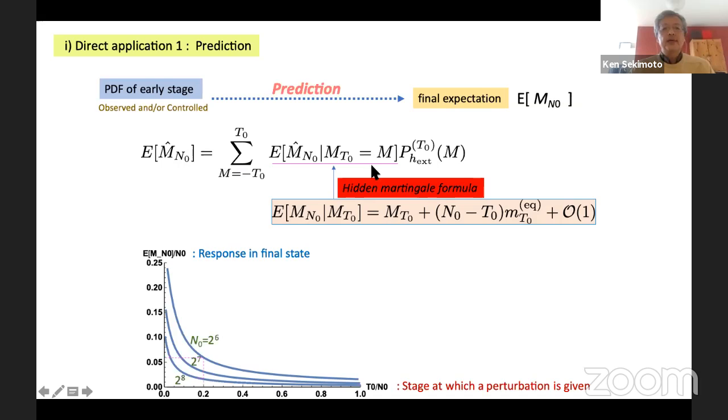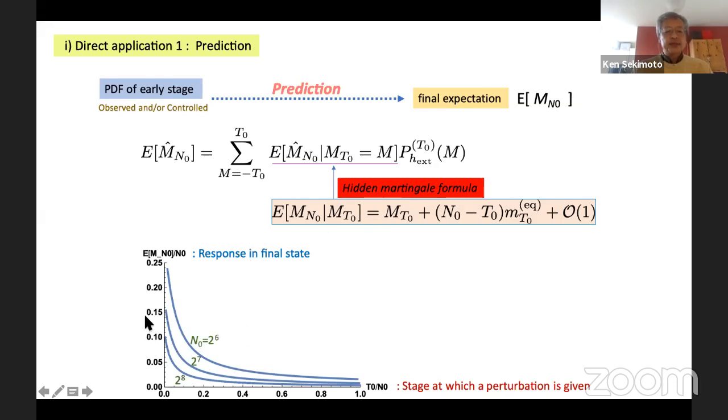Our hidden Martingale formula, which is equivalent to this red box, gives the value of the expectation under the condition of the given frozen spin at the stage T0. So the final expectation value is given without calculating the transfer matrix after T0 steps, just by using the hidden Martingale formula.